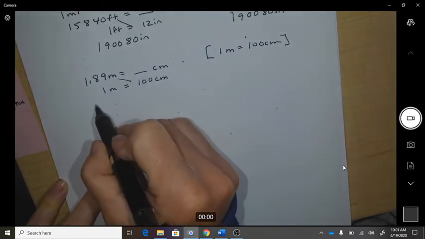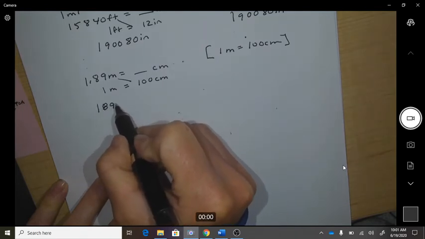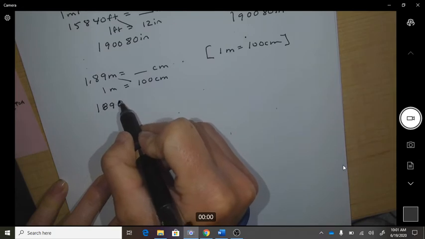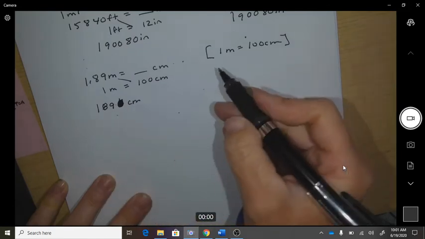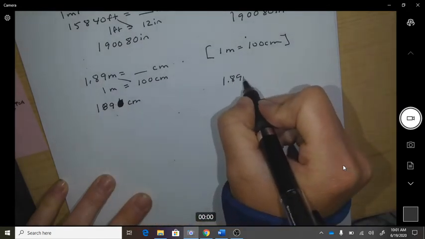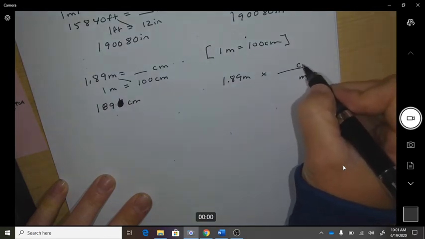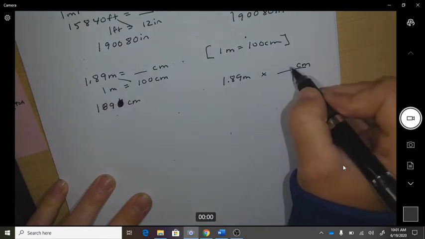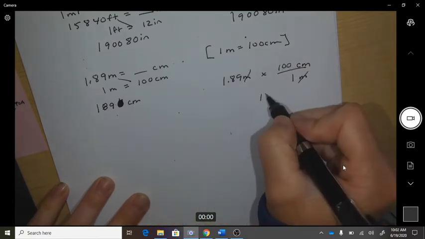So therefore I would times. Okay, and if you like the fraction, 1.89 meters, if you times by a fraction, you gotta put meters on the bottom. So now the conversion is 1 meter, 100 centimeters, and the meters are gone.